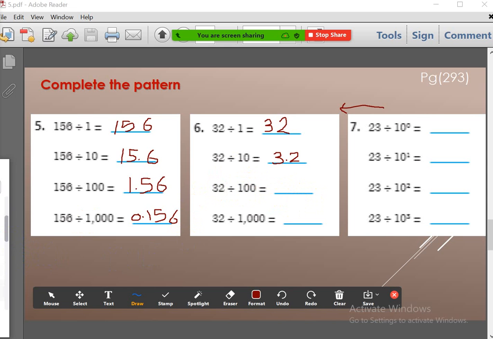Very good. So it will be 0.32 because I have to move the decimal point to the left side 2 digits, so it will be beside 3, so the answer will be 0.32. Now what about the last one? Yes, Lana, open your mic and give me the answer for this one, 32 divided 1000.